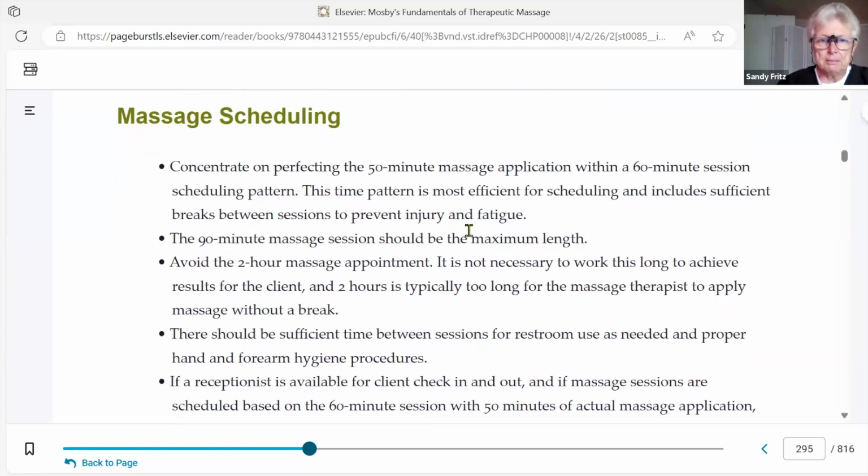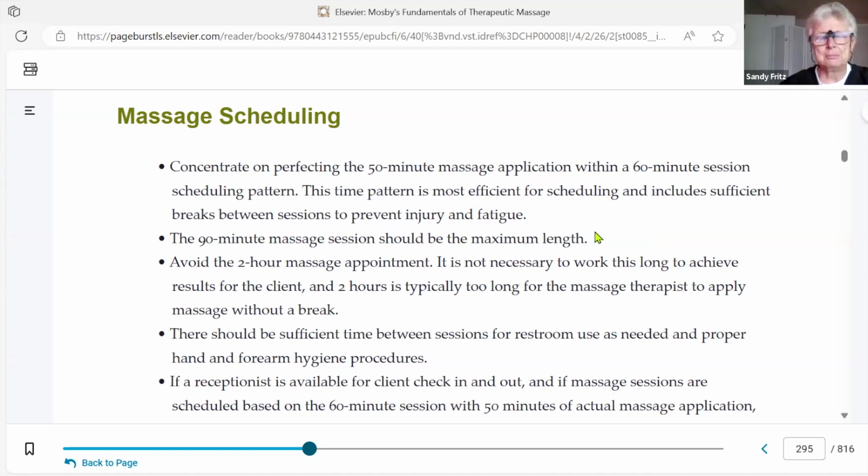90 minutes should be the maximum length. I've mentioned this before. In terms of ethics and professionalism, it's hard to stay within the therapeutic alliance focus with a client longer than 90 minutes.